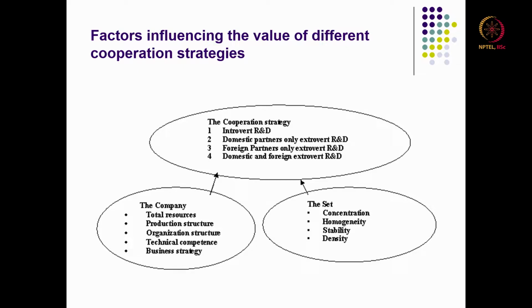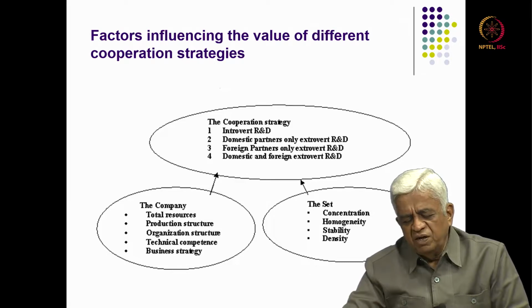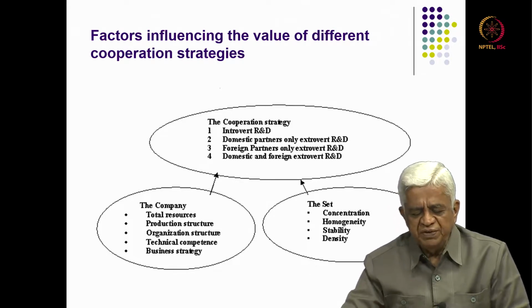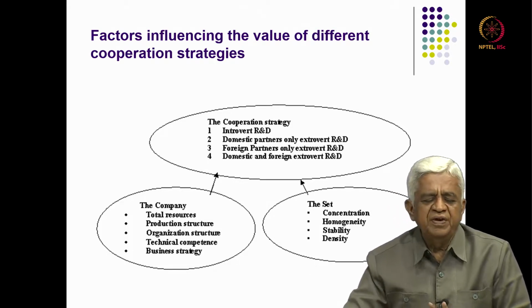What are the inputs for this? From the company: total resources, production structure, organization structure, technical competence and business strategy. And some aspects of the Porter's model also come into play, that is the concentration, homogeneity, stability and density.